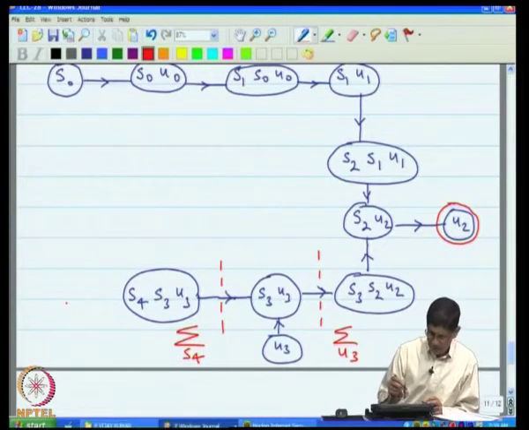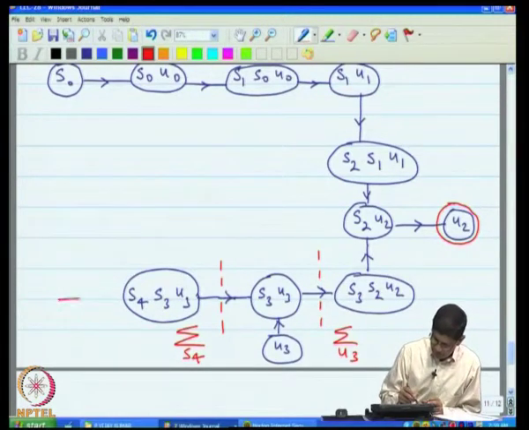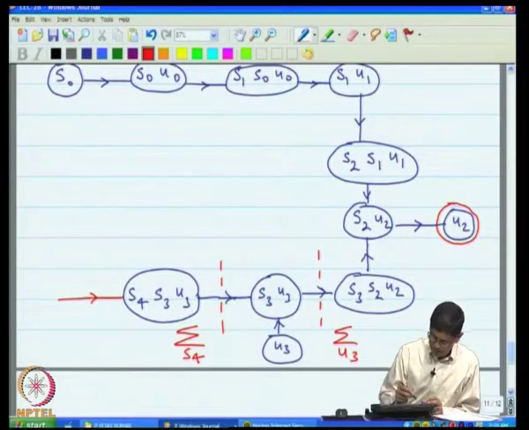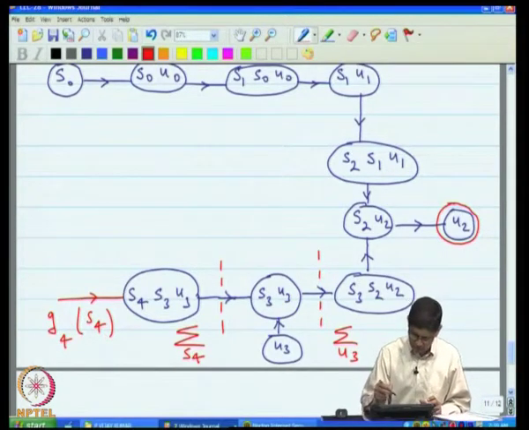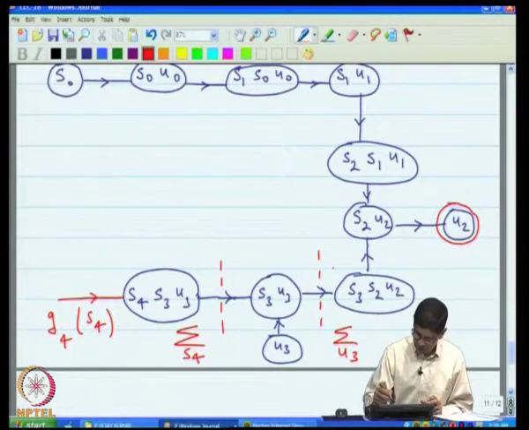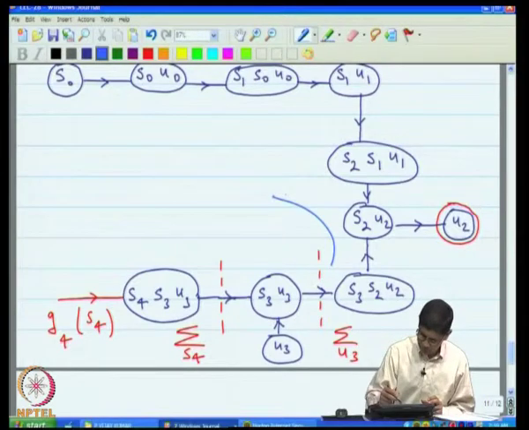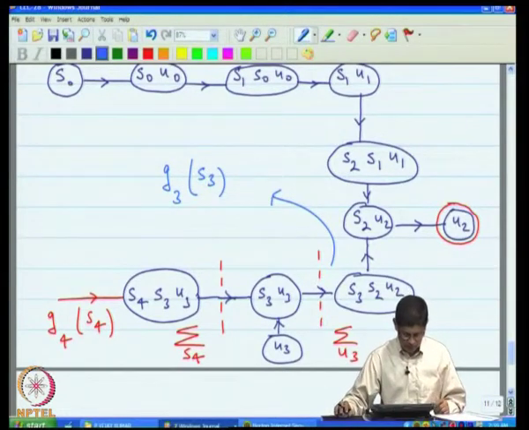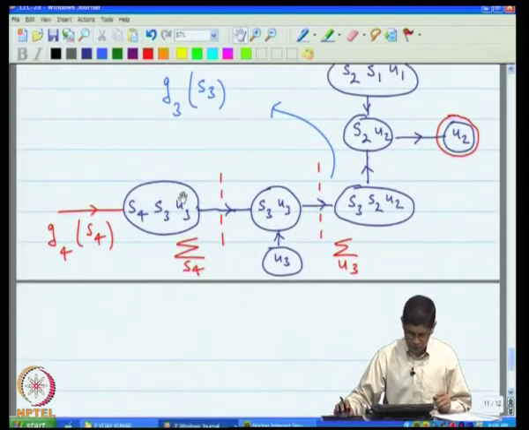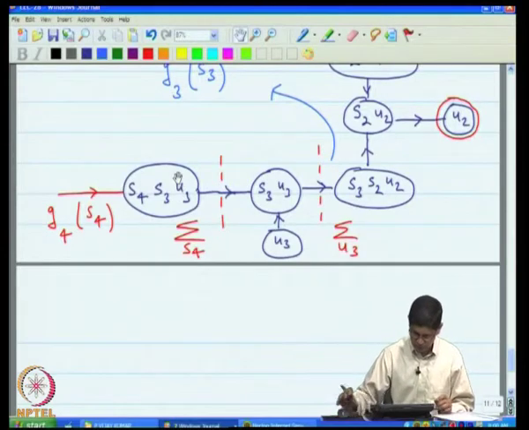Let us just say that in a longer trellis I would in general have incoming some function g4 of S4, and what would happen is that at this point here, after I have marginalized with respect to U3, what I now have is G3 of S3. So, I am going backwards. So, the subscript of the state keeps decreasing. Okay. So, let us write down the expression for this.